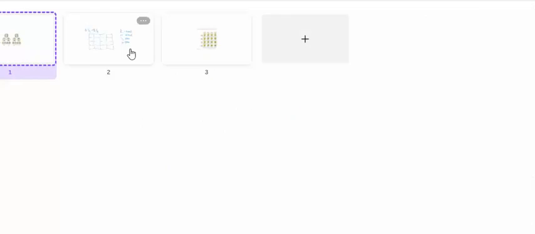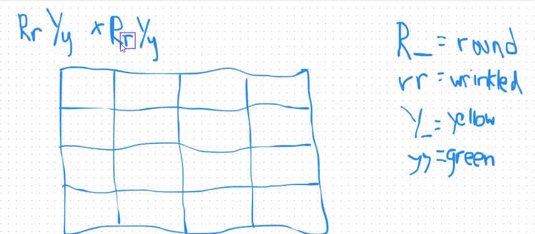Now let's look at a genetics Punnett square for a dihybrid cross. In this case, we're looking at characteristics in peas, and I wrote out our grid. We have big R denoting the roundness of the peas.